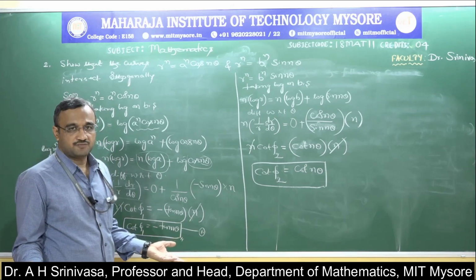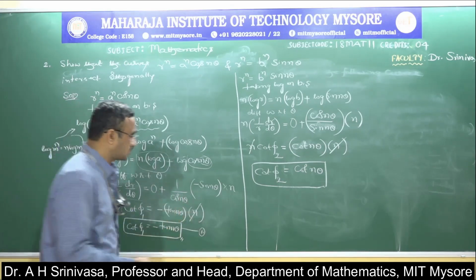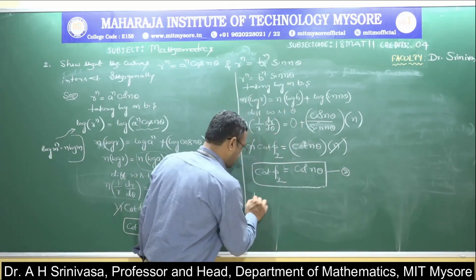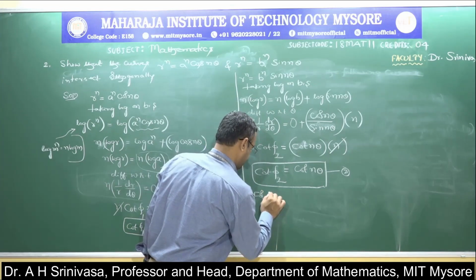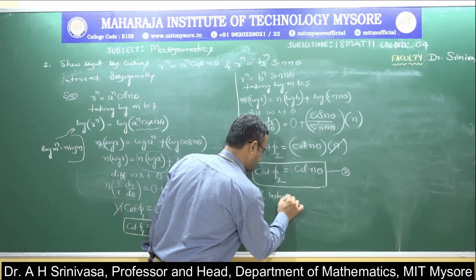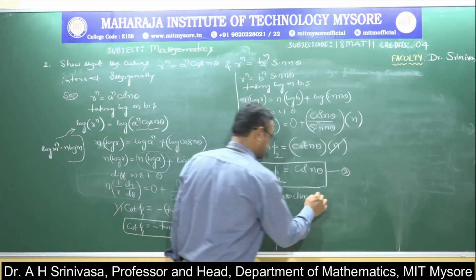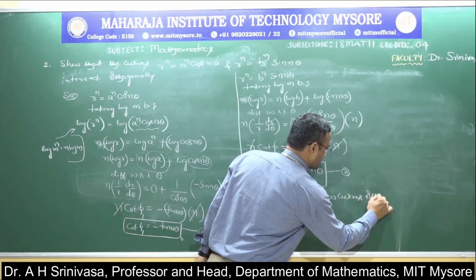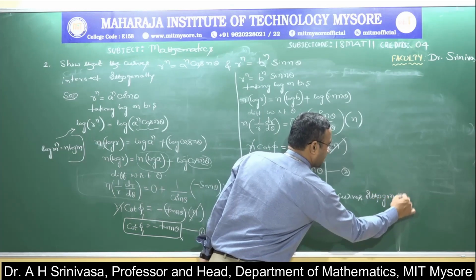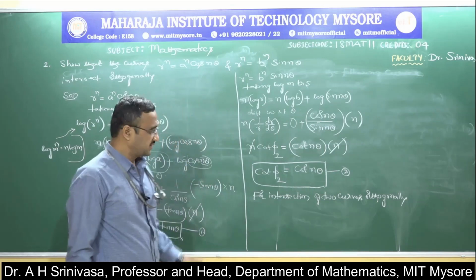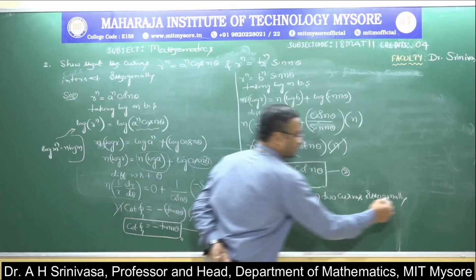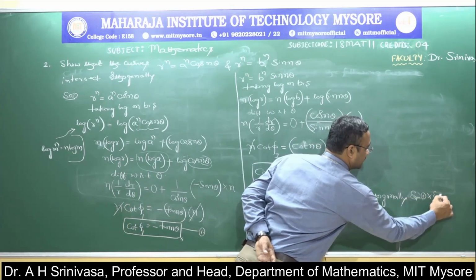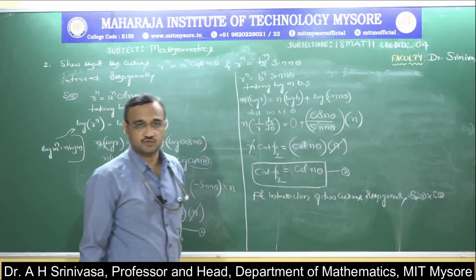Now you know the procedure: if two curves intersect orthogonally, take the product of these two. Now call this equation number 2. Now take the product of equation 1 into equation 2.